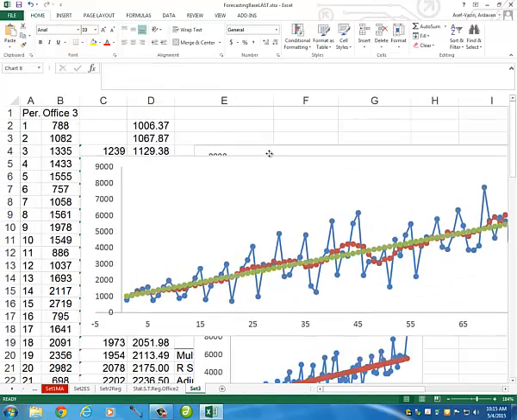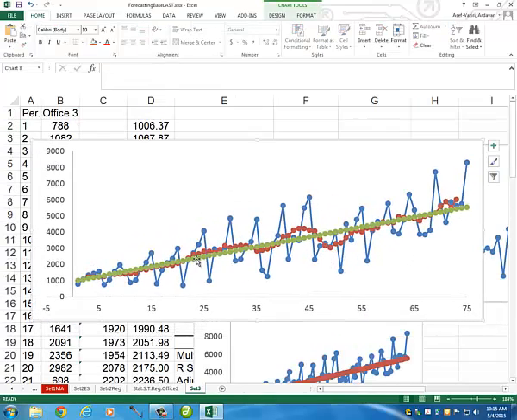So these are all my data: actual with seasonality, removed seasonality but including trend, and then using regression to find the overall trend.